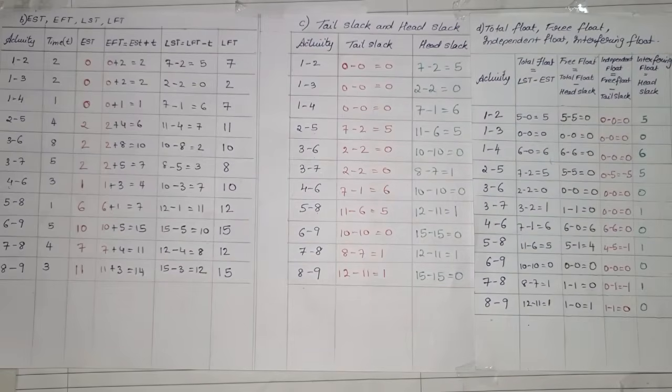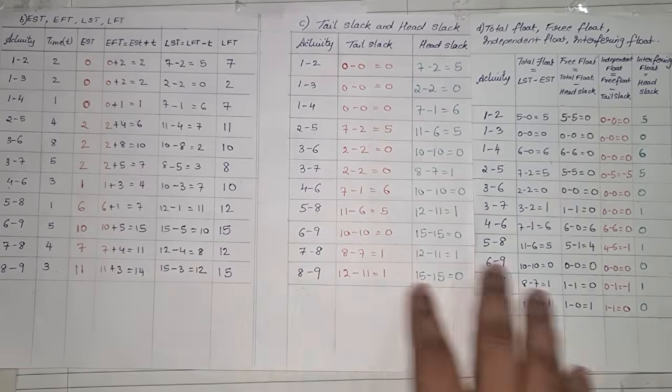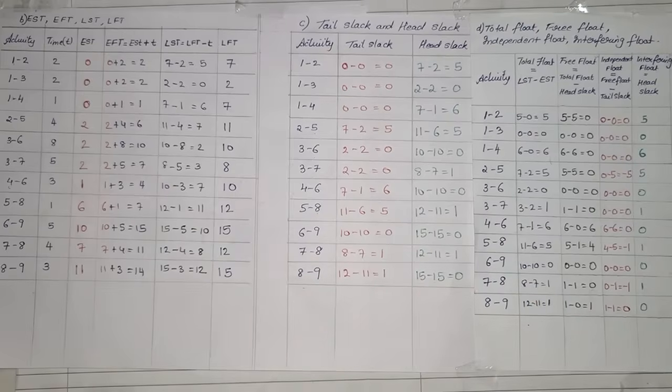With this we completed a very important topic of network analysis, under the chapter critical path. I hope everyone has understood this. It's a very important topic from the exam point of view. Thoroughly go through whatever we have done, resolve it, and I can guarantee that with the help of this you can solve any sum based on this topic.